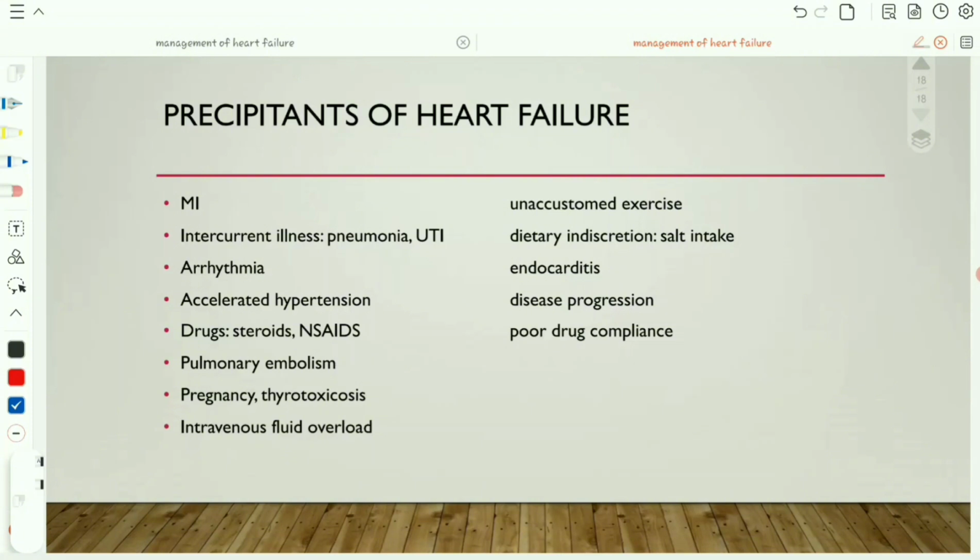Intercurrent illness, so that's pneumonia, UTI, arrhythmias, accelerated hypertension, drugs such as steroids and NSAIDs, pulmonary embolism, pregnancy, thyrotoxicosis, intravenous fluid overload, unaccustomed exercise, dietary indiscretion, so that's salt intake, endocarditis, disease progression, and poor drug compliance. All these are precipitants of heart failure.